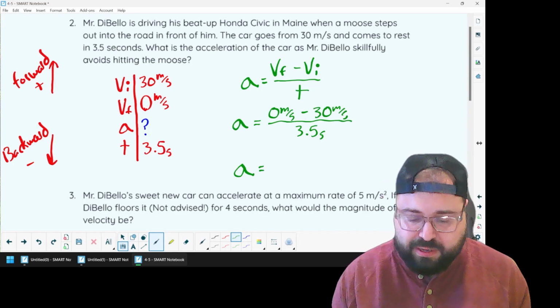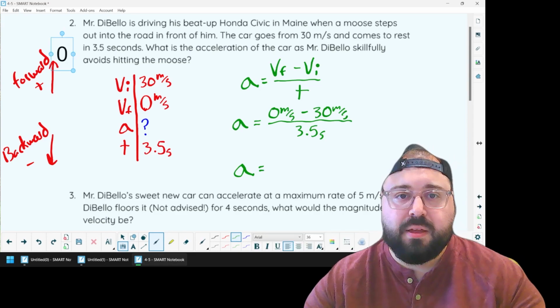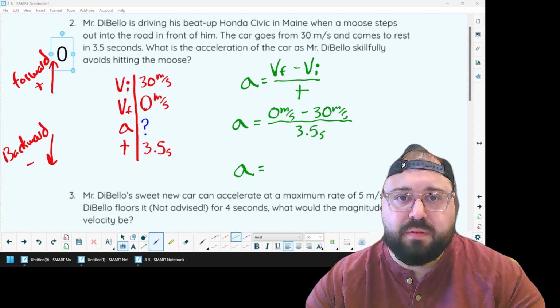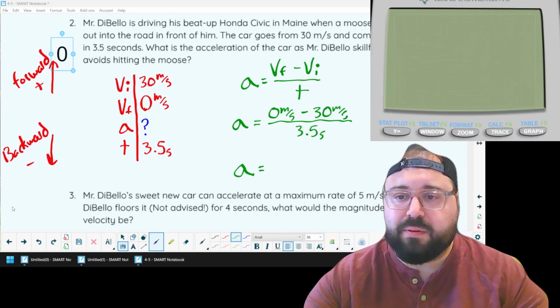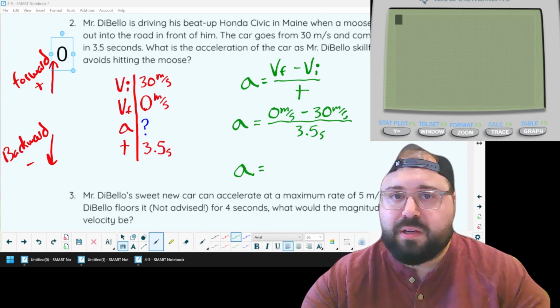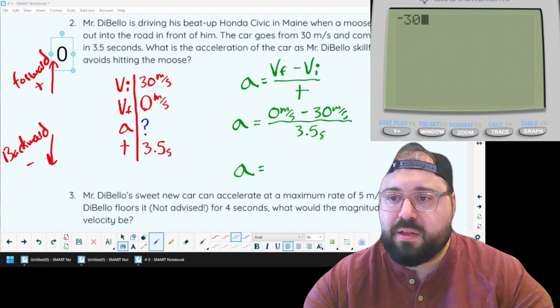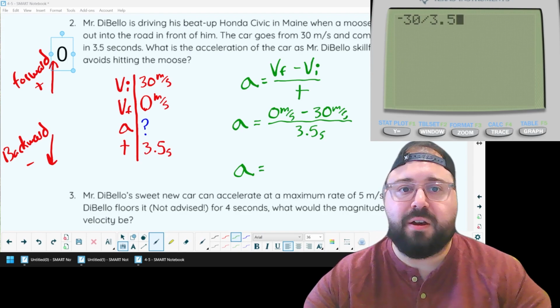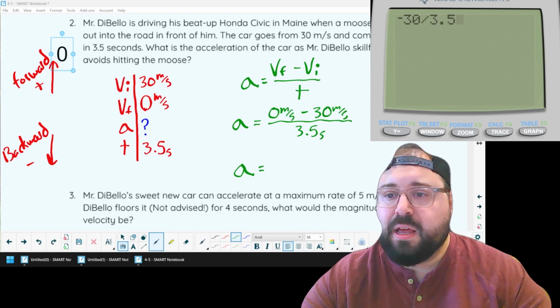So I'm going to bring up the calculator. See if we can get this to work. There we go. So let's turn it on. All right, awesome. So we're going to do negative 30 divided by 3.5. So at least this way you can see my calculator input, what I'm typing in on the screen.